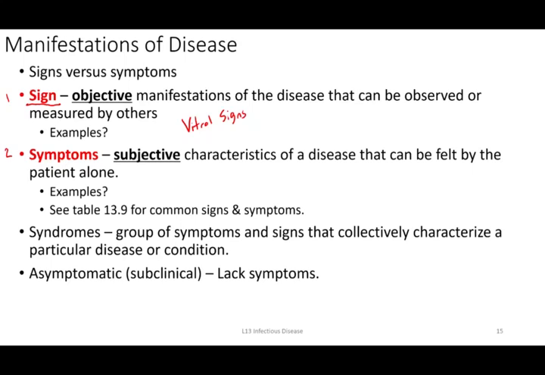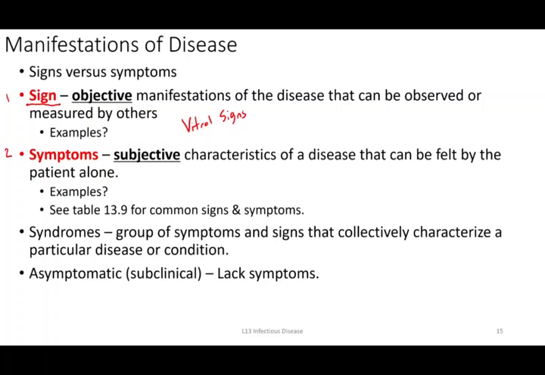So you can take temperature, you can take blood pressure, take pulse rate. So signs are defined by something that is an objective, measurable parameter that a clinical provider can achieve or obtain. So they can measure it with different instruments, or they can see it with their eye, but it's something very objective that they can somehow observe.